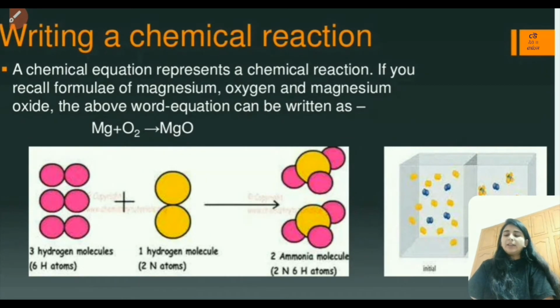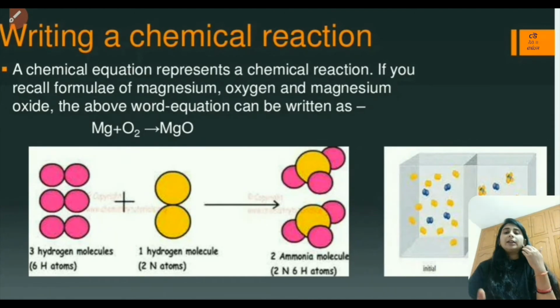Whenever we have to represent what was there in the chemical reaction, mentioning all the things, that one molecule of hydrogen combined with 1 molecule of oxygen eventually formed 1 compound of water, will take a lot of time. So the shorthand method is, we can represent these chemical reactions with the help of chemical equations.